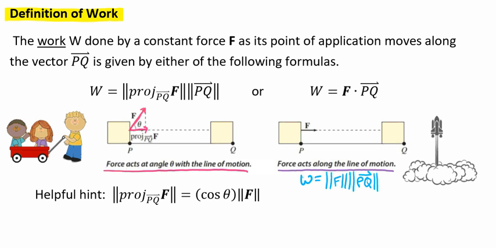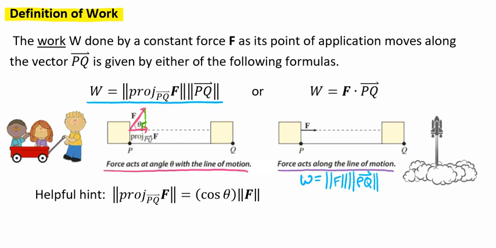Now, because we're pulling up and moving forward, what we've actually created here is a right triangle, right? And so here we're able to use our work formula where we'll be taking the magnitude of the projection of F onto our PQ times the magnitude of our vector.